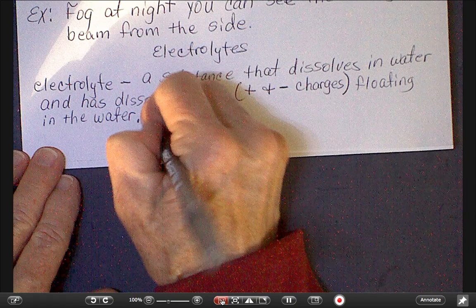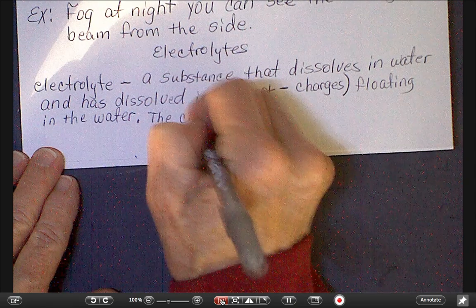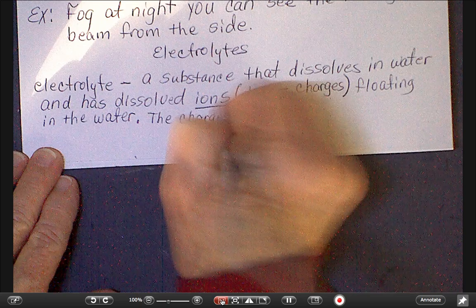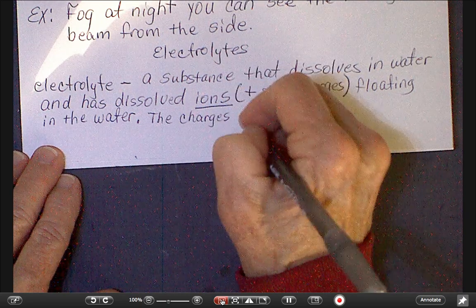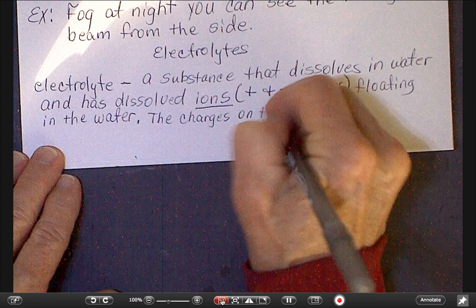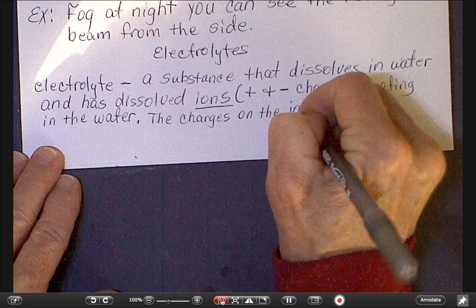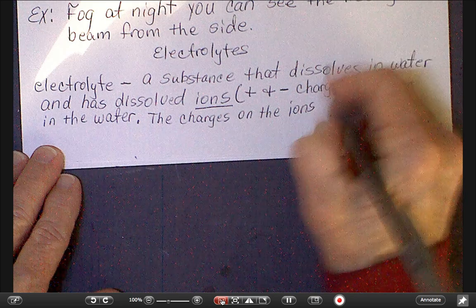These charges, or these ions, on the ions, conduct an electric current.